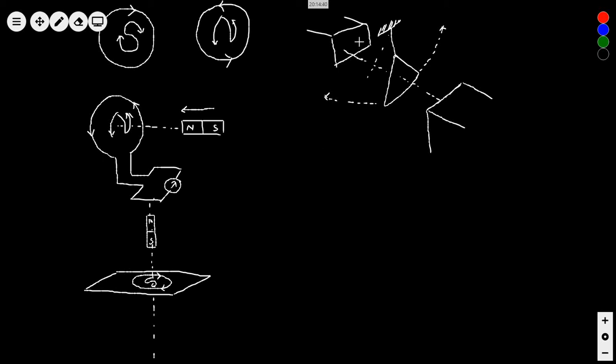The magnetic field is like this: this is the south pole, this side is the north pole. These are the points A, B, C. Tell me what will be the direction of current in the coil when it is moving from A to C.